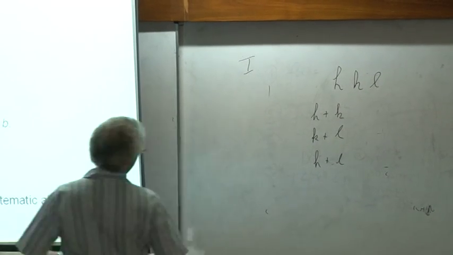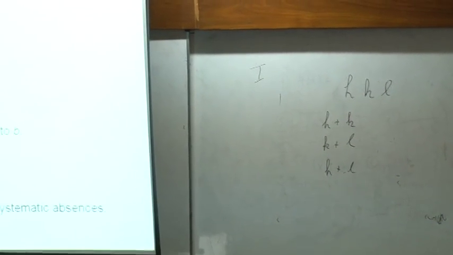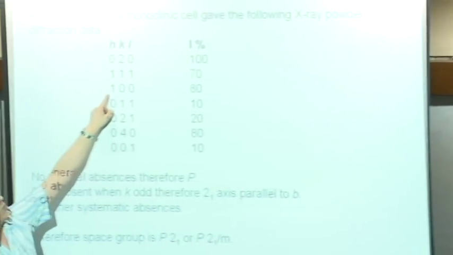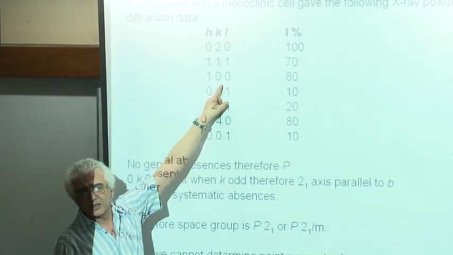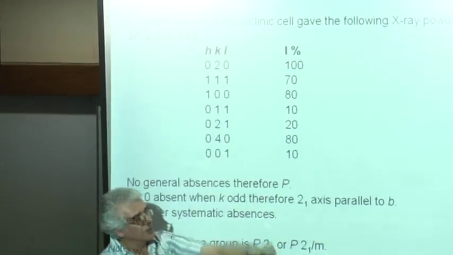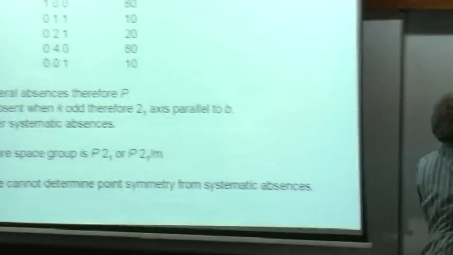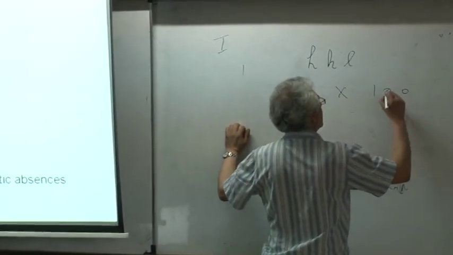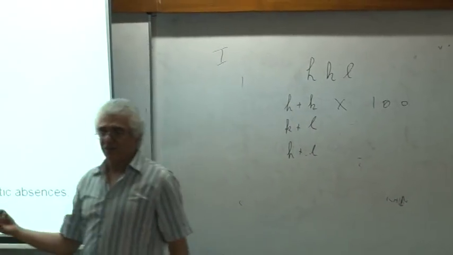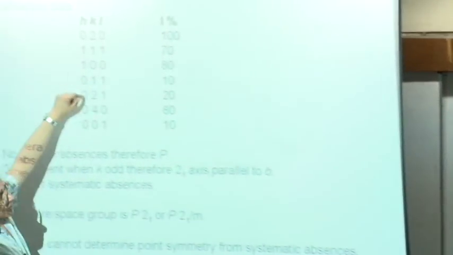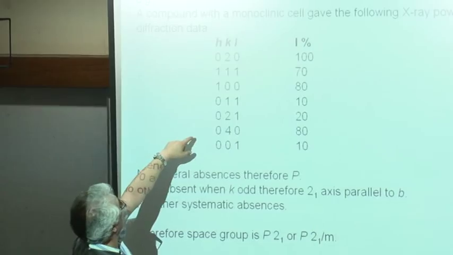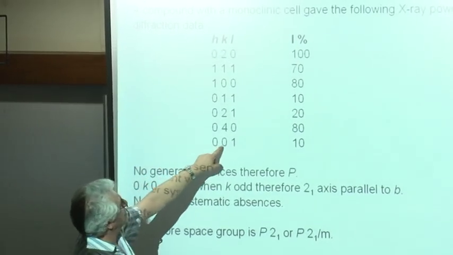Let's just look for them. So H plus K, here's 1, 0, 0. H plus K is an odd number. So that's 1, 0, 0, which tells us that we don't have that there. Then I'm looking for K plus L. Well, K plus L, here's 0, 0, 1.